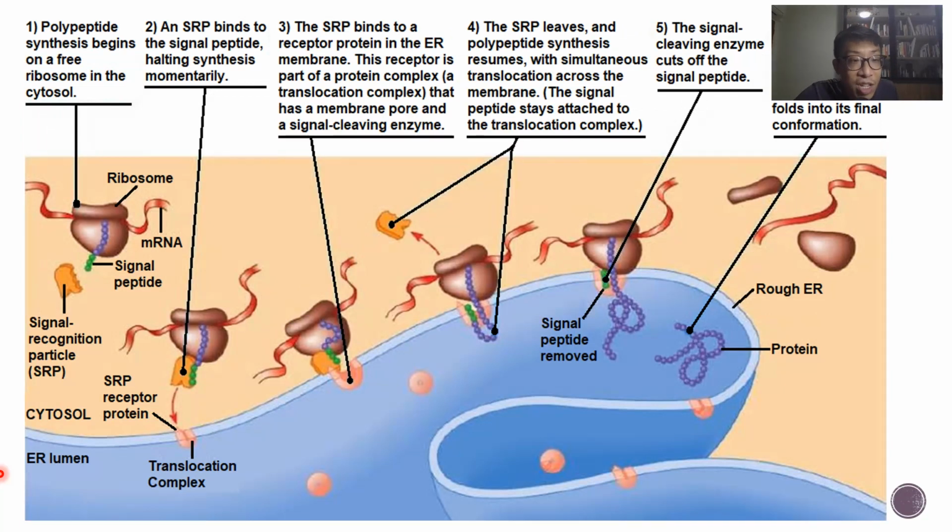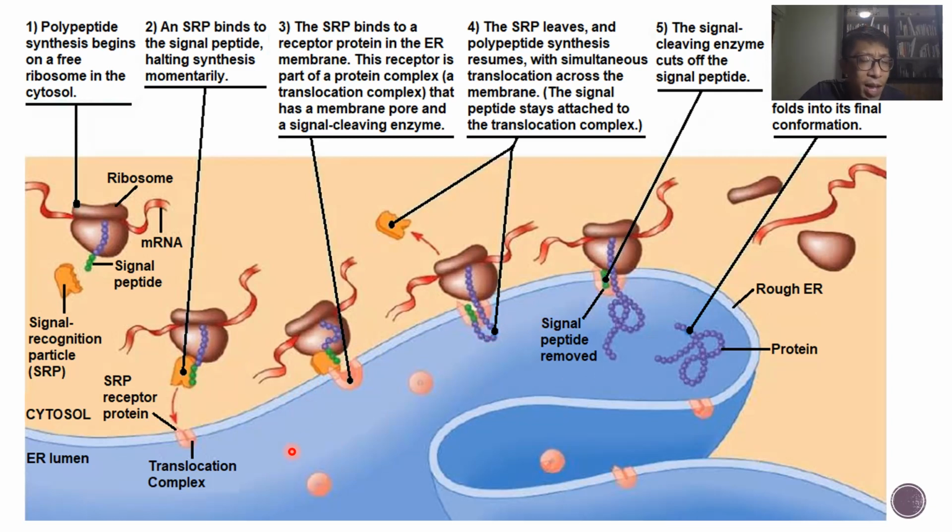So we mentioned the signal peptide, which is coded for by the L exon. Again, the signal peptide or leader sequence functions to guide the polypeptide into the lumen of the rough ER. So this is something that we have looked at when we talked about protein synthesis last year. So I hope you recall that.